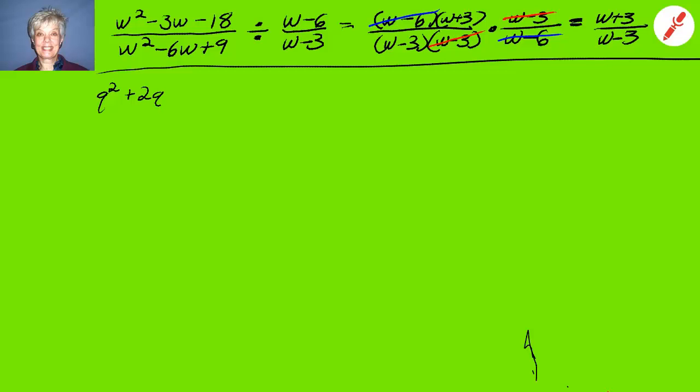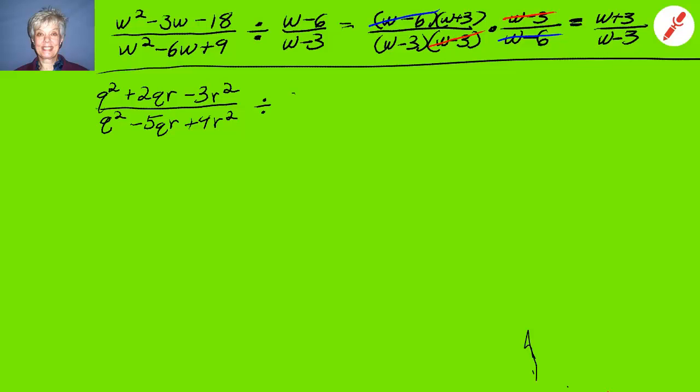Okay, now q squared plus 2qr minus 3r squared. We're going to deal with two variables. Over q squared minus 5qr plus 4r squared. Don't panic. I'm going to show you how to do it.